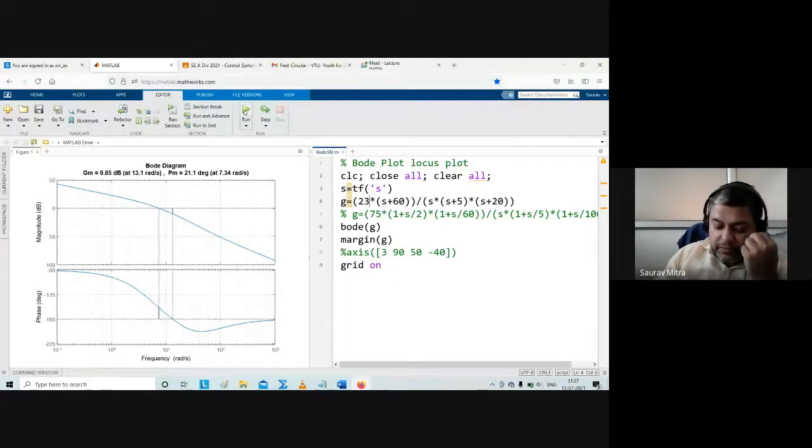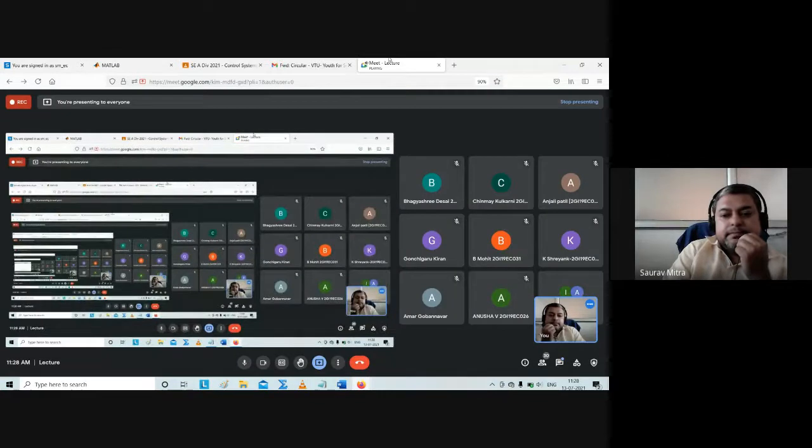Okay, so log of 13.8 into 20. Can anybody tell me whether the system is stable or unstable? Just look at the gain margin and phase margin and tell me whether the system is stable or unstable. Hello?